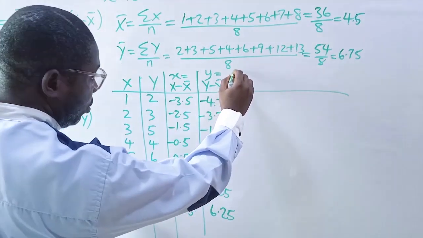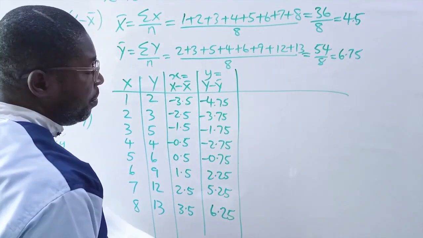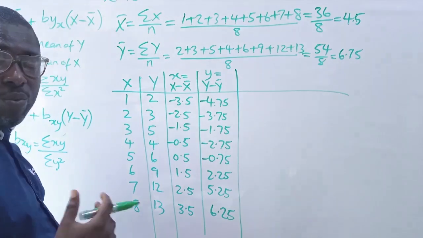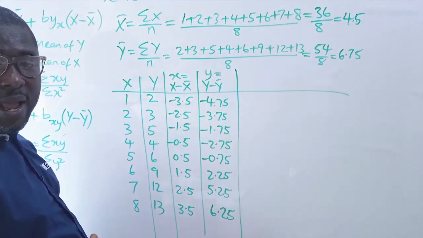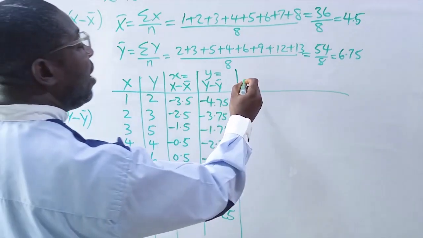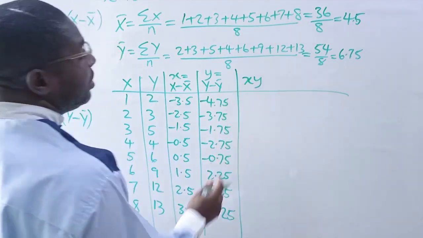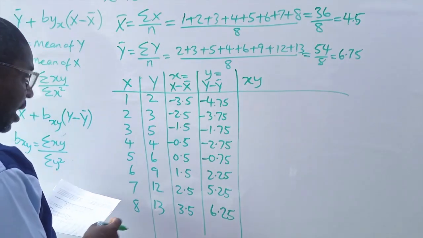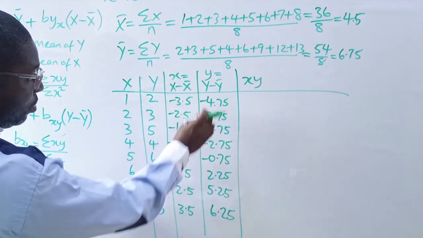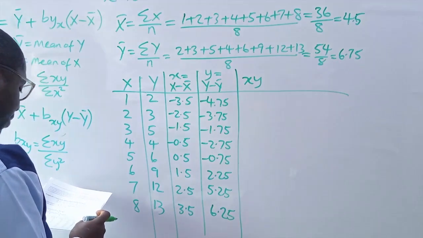All right, so remember, the values of y minus y bar give us a small y. Remember what we did when we were working on correlation with our x and y. So we're going to have small x times small y here, and we're going to multiply these values times these values.